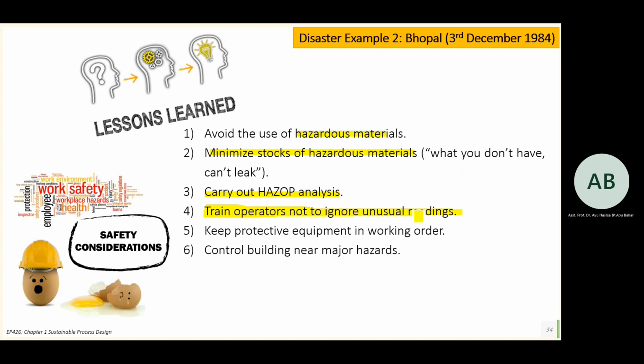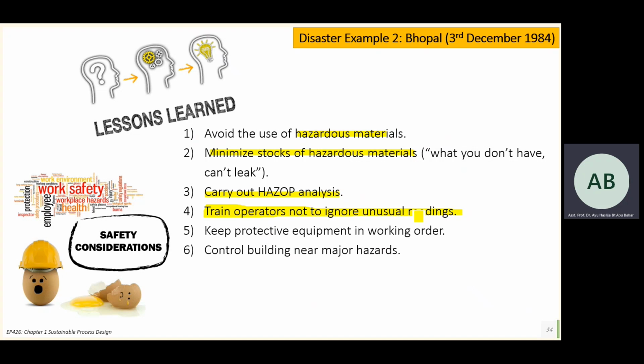Huh? Cannot hear you. Again. Recalibrate. Recalibrate the equipment. That is one of the options. So that is what it means by unusual reading. Not the reading that is similar to when your process is running.